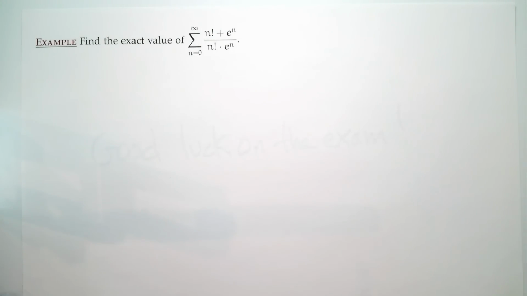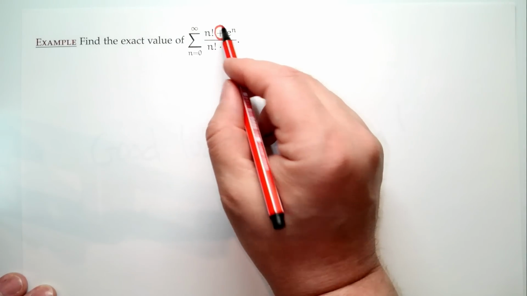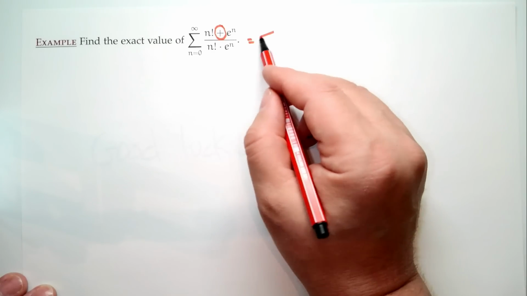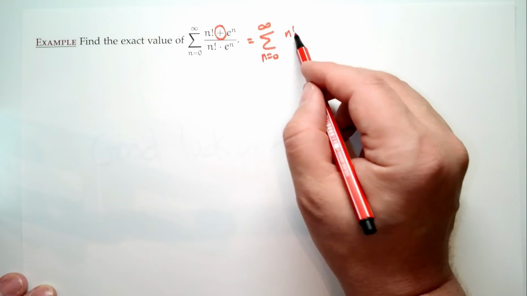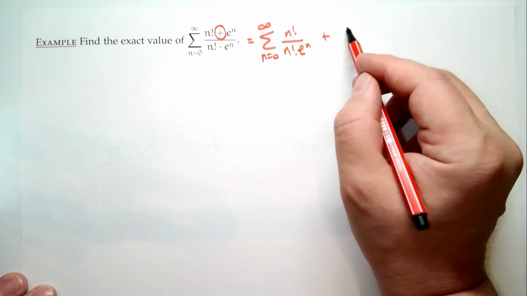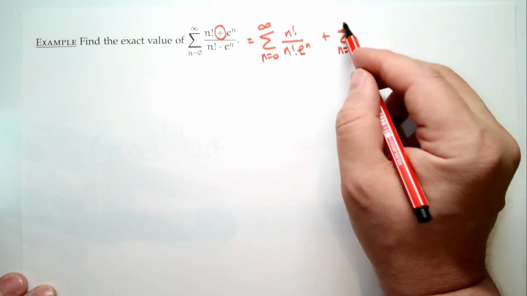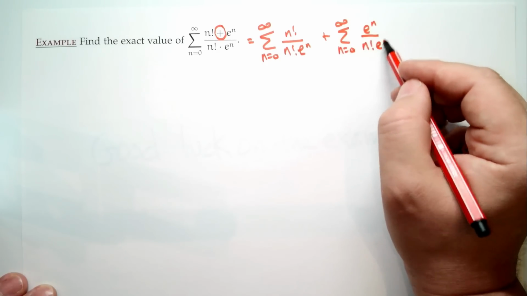What can we do? We can split them, because you see there's a plus here, so the natural thing is to break this into two sums. So we're going to have the sum of n factorial over n factorial times e to the n, plus the summation n equals 0 to infinity of e to the n over n factorial e to the n.